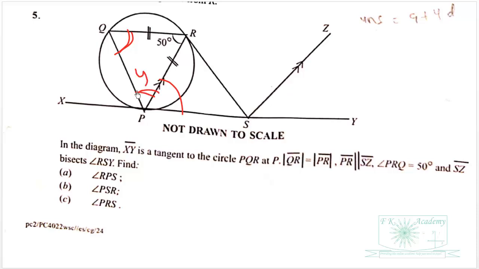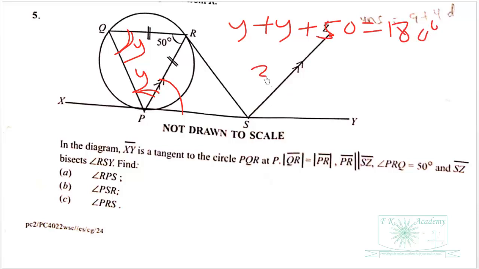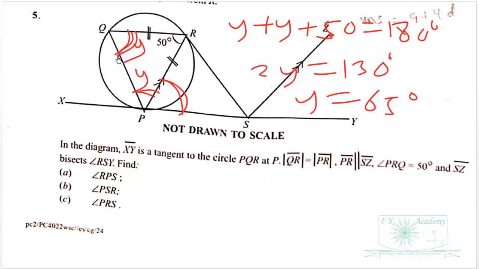So let's say this is y degrees and this is y degrees. Then y plus y plus the 50 should be equal to 180 degrees. So 2y will be equal to 180 minus 50, which is 130 degrees. So y will be equal to 65 degrees. But we know that this angle is equal to y. Therefore, angle RPS is equal to 65 degrees.